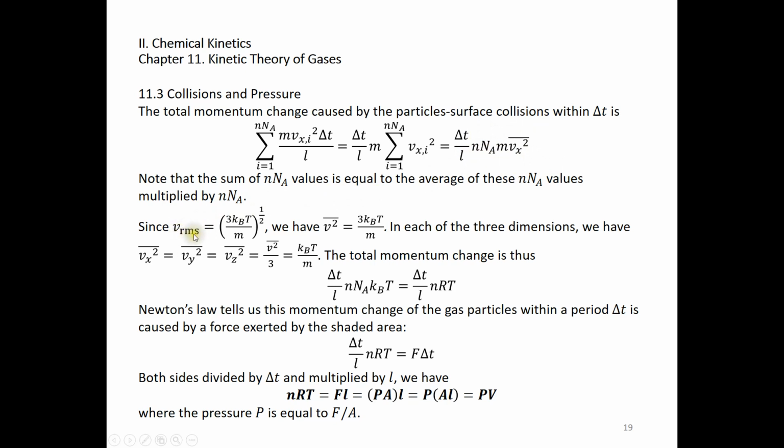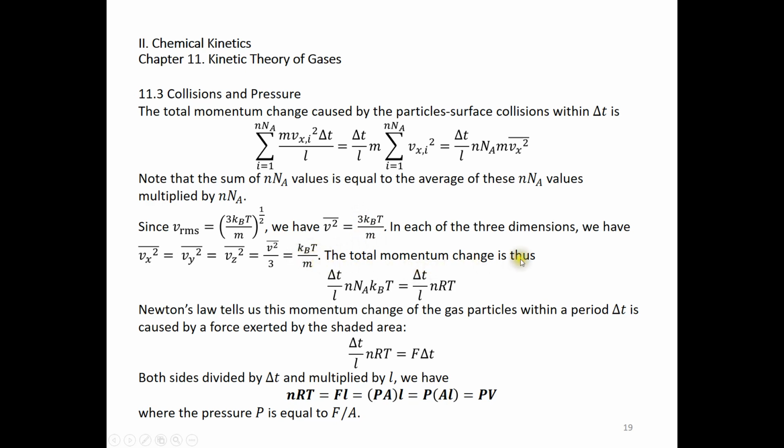Since the root mean squared speed is the square root of 3kBT over m, we have this equation by squaring the left side and the right hand side. In each of the 3 dimensions, we have vx squared equals vy squared equals vz squared, which is just 1/3 of this, which is just kBT over m.